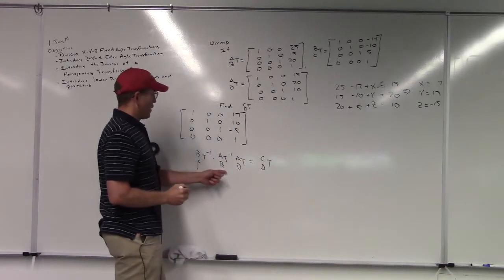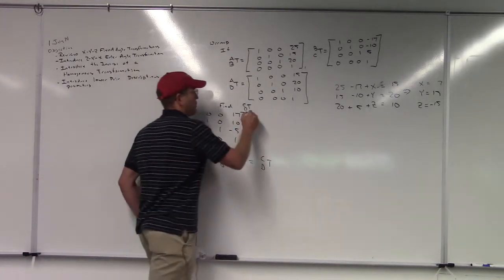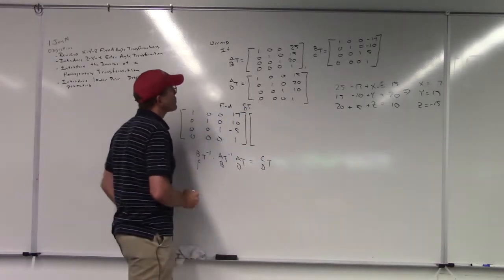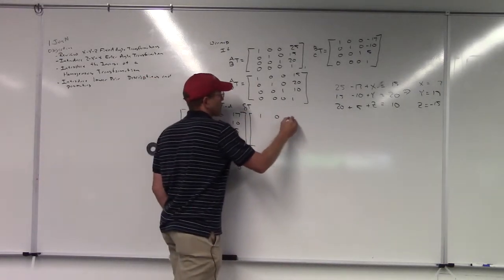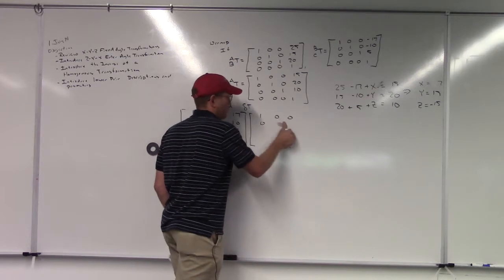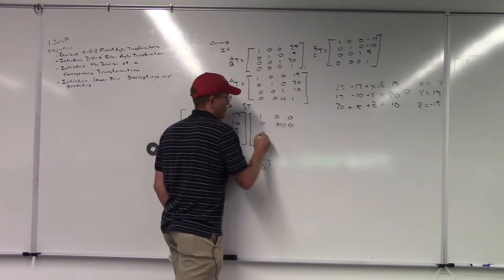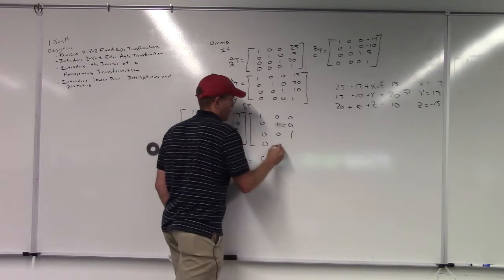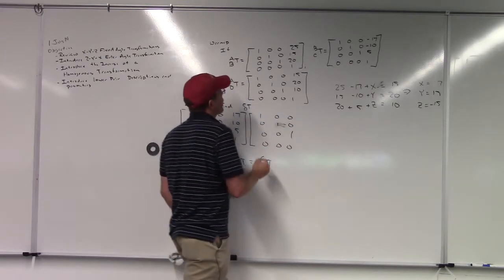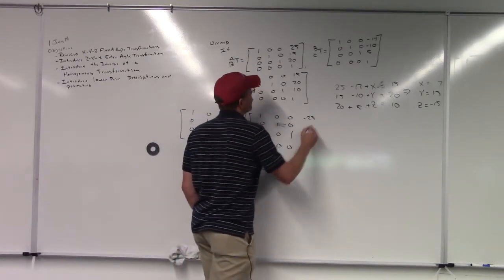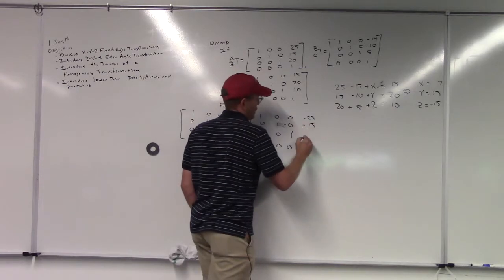And then how about the inverse of the transform from A to B? Same thing. So we have negative 25 and negative 15 and negative 10.